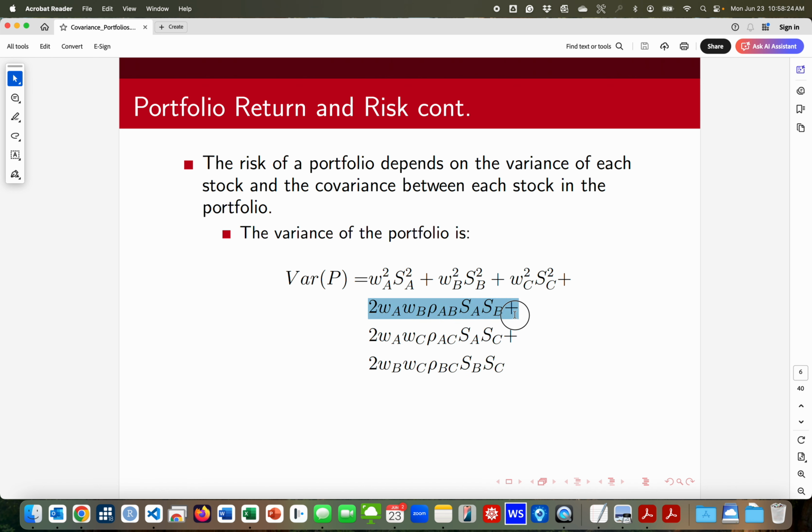Because we're adding these terms right here, if they're positively correlated, we're going to get a higher variance. If we make these terms lower, so if we subtract these covariance terms, the portfolio variance will actually get smaller. So if you build a portfolio of things that are highly positively correlated with each other, you can actually increase the risk of the portfolio. You can end up building a portfolio that has more risk than the individual components might suggest.